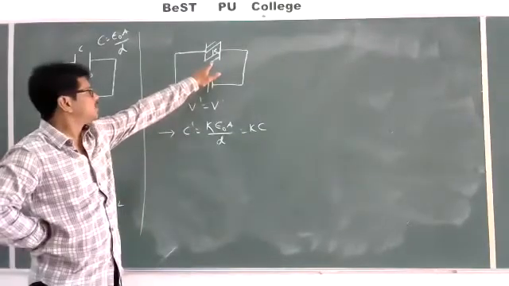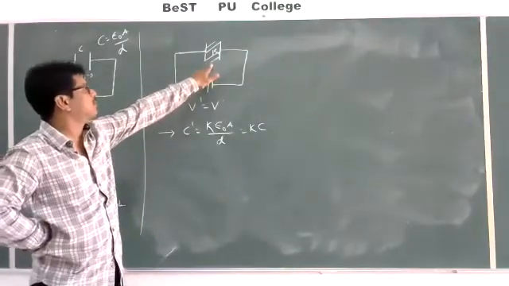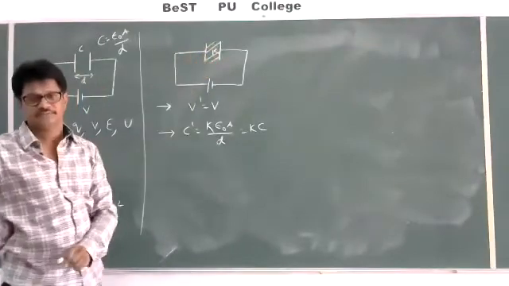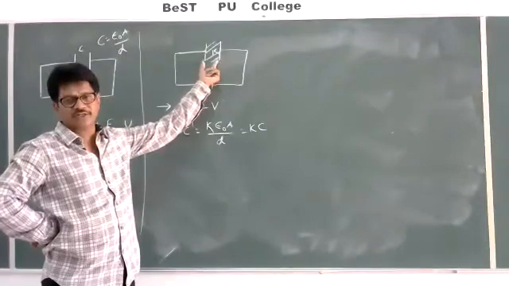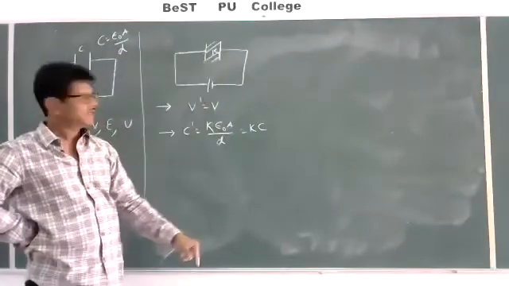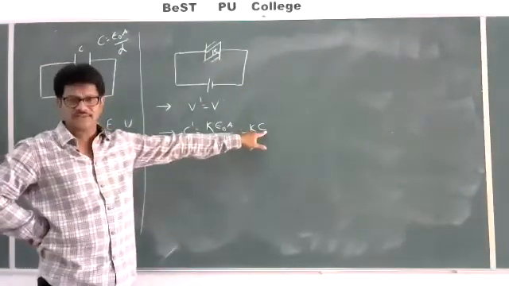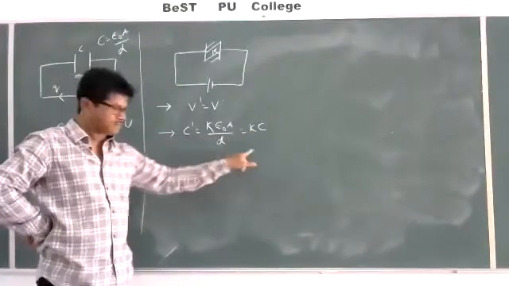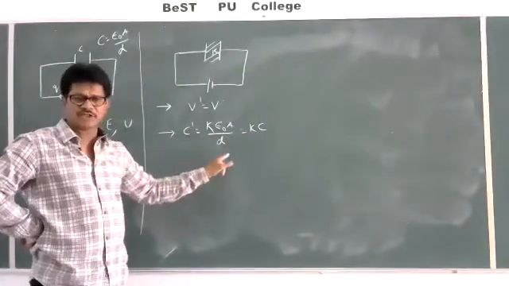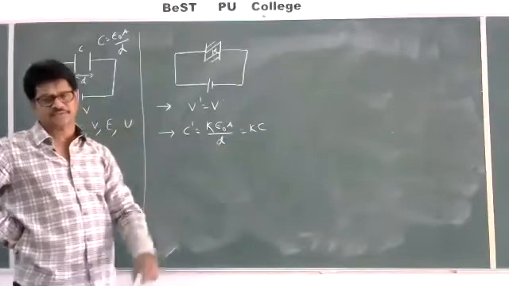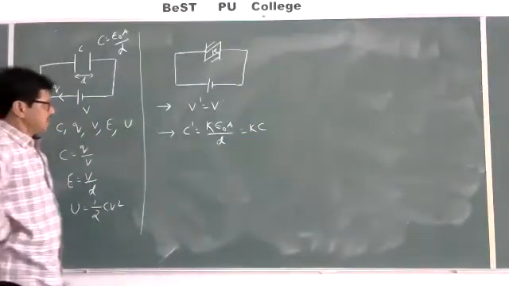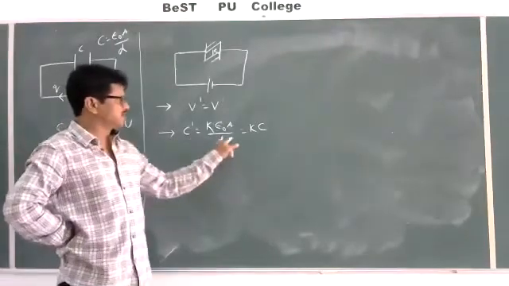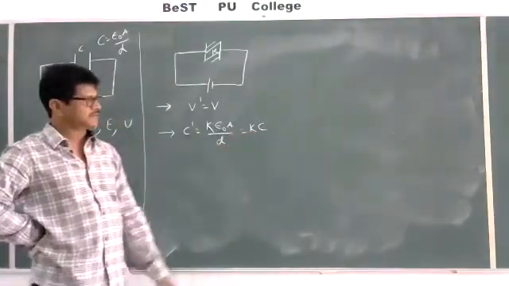Then what happens to the capacitance of a capacitor after inserting a dielectric? Capacitance increases. Its capacitance increases to K times.